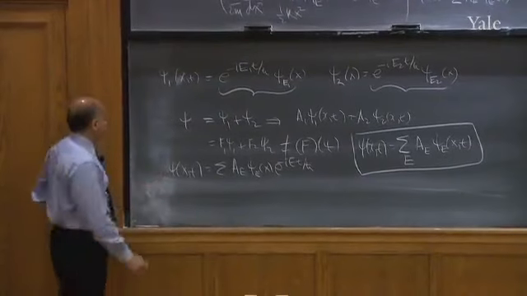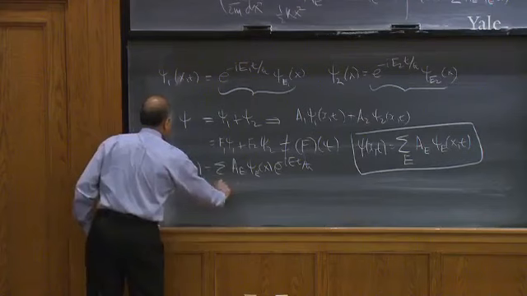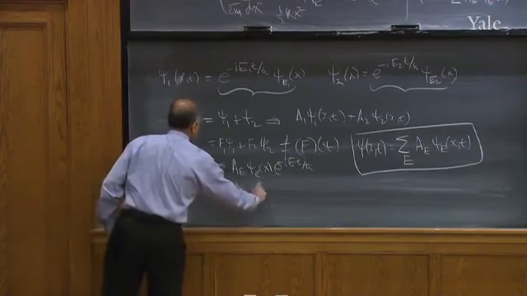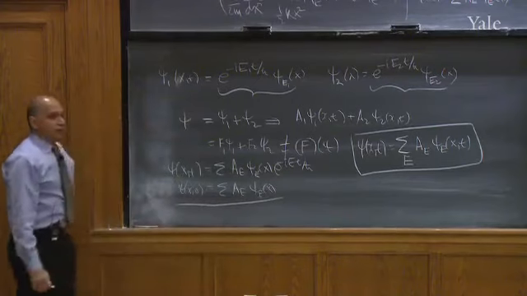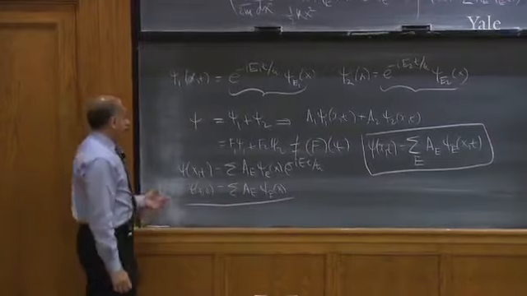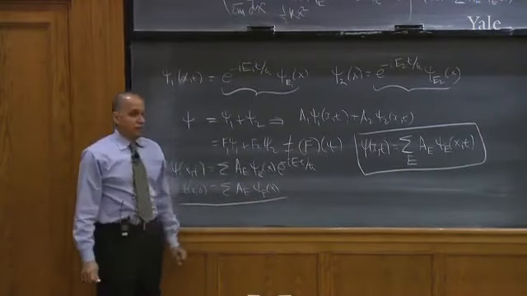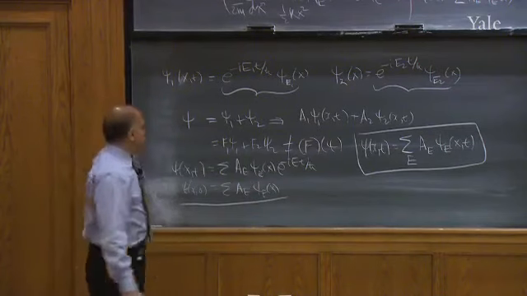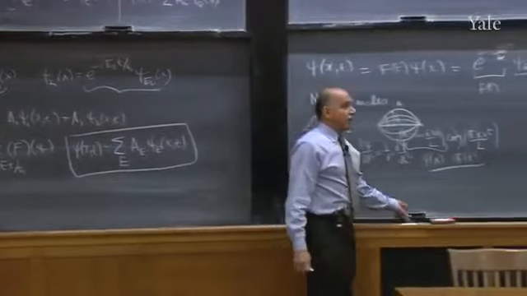At t equal to 0, I get psi of x and 0 to be sum over e, a sub e, psi sub e of x. In other words, I can only handle those problems whose initial state looks like this. But my question is, should I feel limited in any way by the restriction?